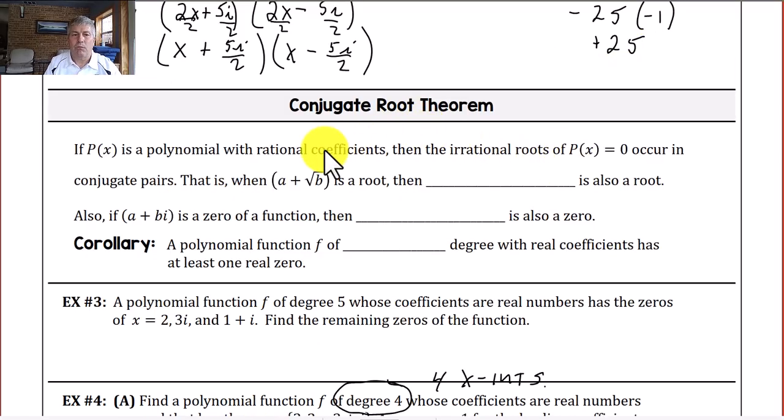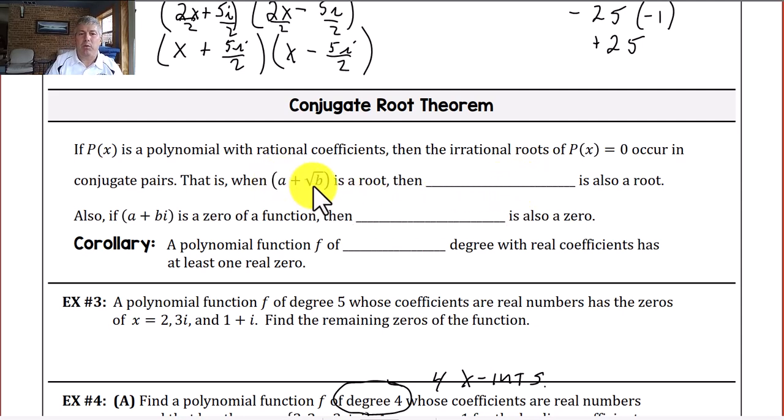The conjugate root theorem says that if we have a factor a plus the square root of b as a root, then that also must come in conjugate pairs. I mentioned that earlier in the video. So whenever you have imaginary roots, you always will have pairs of imaginary roots.